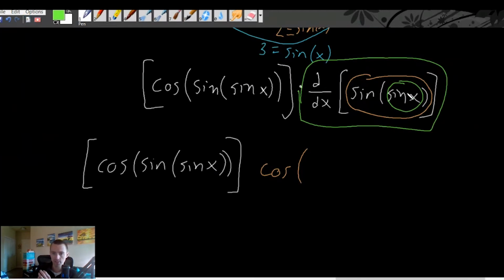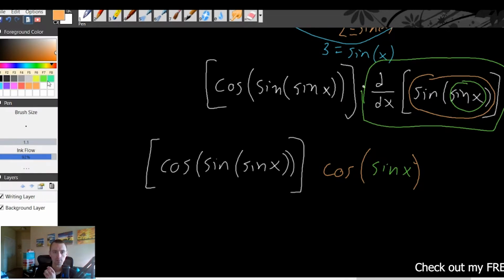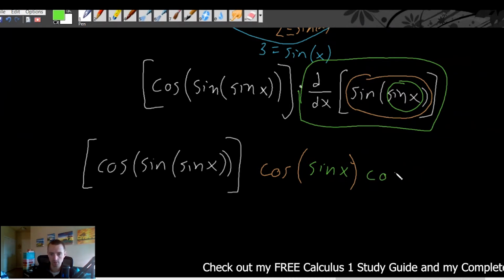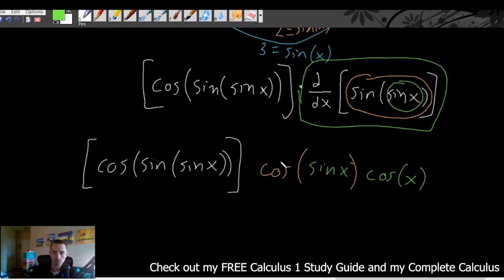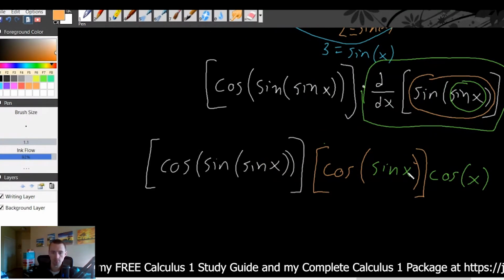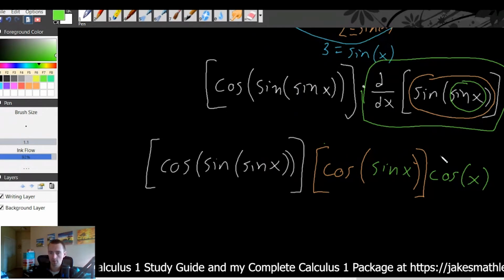So we're going to leave this inside sine of x as sine of x. Then we're going to multiply that by the derivative of the inside function. Well, again, the derivative of our inside function, which is sine of x, is cosine of x. So now we get this whole thing times this whole thing.